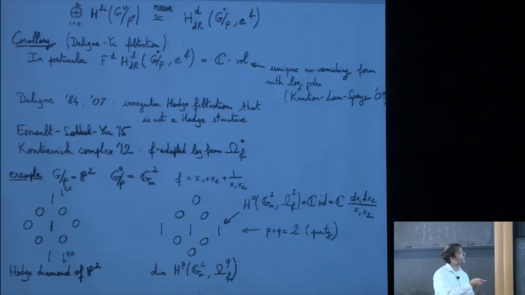If you want to go deeper, like if you want Hodge properties, this side also has a filtration, an irregular filtration. Recently there have been a couple of papers on this theme. It's nowadays sometimes called the Deligne filtration.